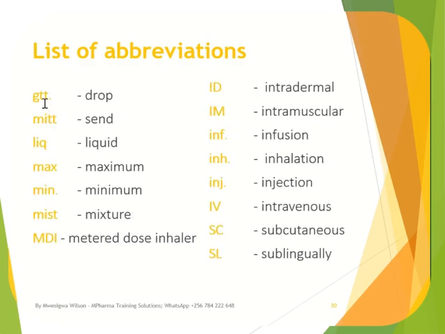GTT, we saw it earlier, guttae, drops. Min and max, minimum and maximum. MDI, metered dose inhaler. Now, these ones are routes of drug administration: SL, sublingual; SC, subcutaneous; IV, intravenous; injection; INH, inhalation; infusion; IM, intramuscular; and intradermal.